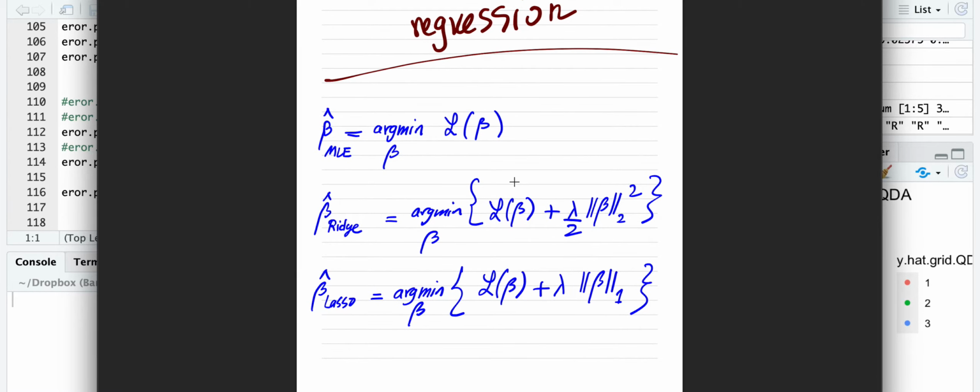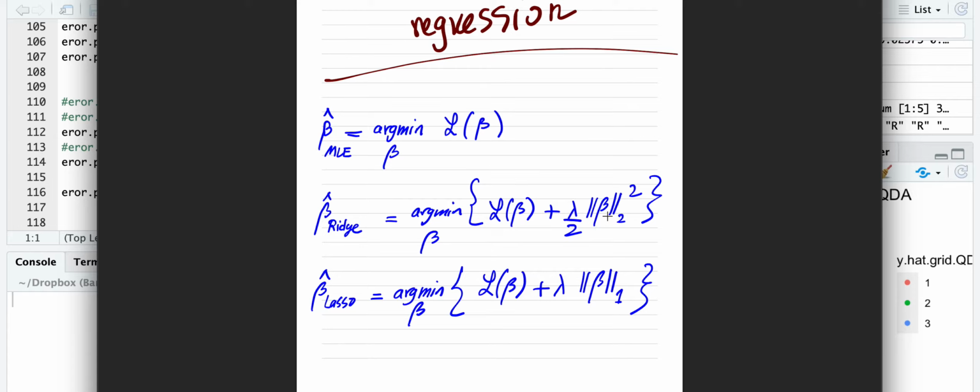But regardless of what model we talk about, this is a loss. This is a measure of how well the model fits the data. And this term is a measure of how complex the model is. So for many reasons, the L2 norm of the vector of parameters can be a surrogate for the complexity of the model.